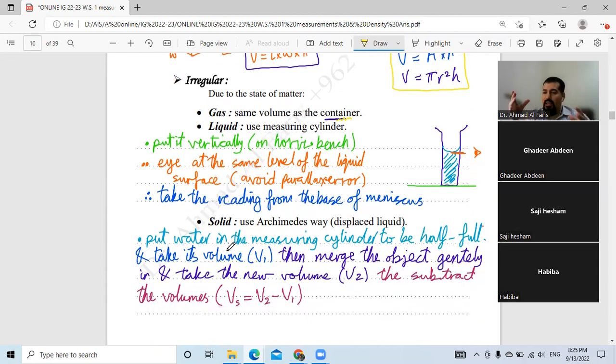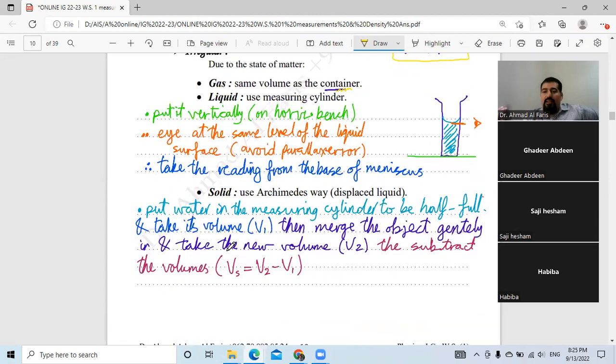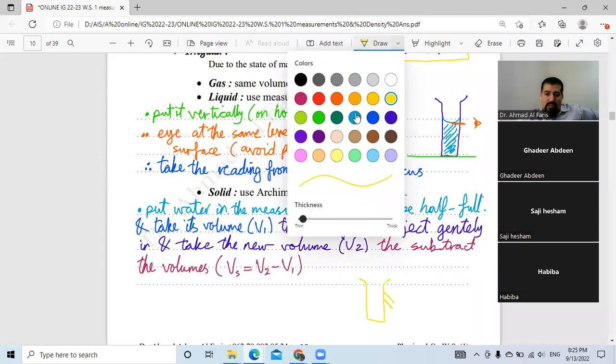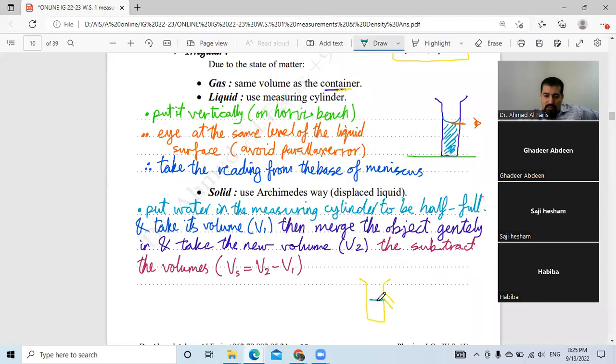Now for solid objects, it depends. If we have a measuring cylinder containing water, I put the object inside, and the difference in the volume is the volume of the object. Another method is something called a displacement can, or Eureka can. It's a can with a funnel spout at the top, and usually we fill it with water or liquid.